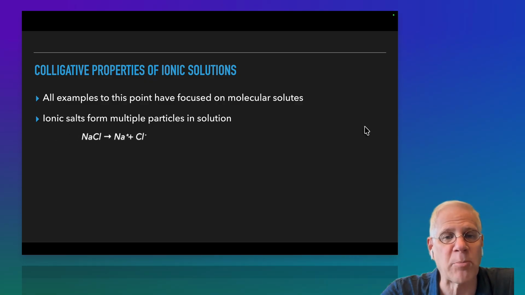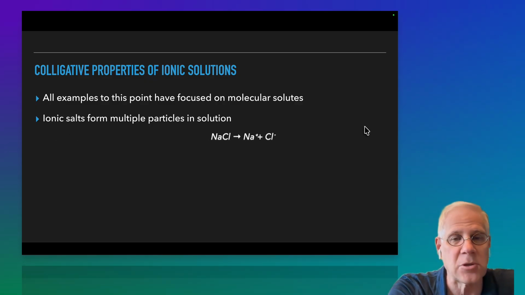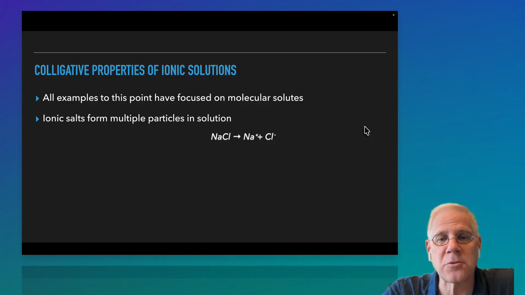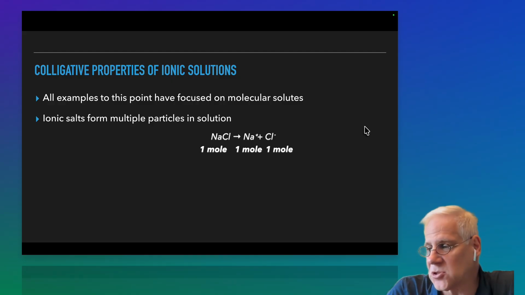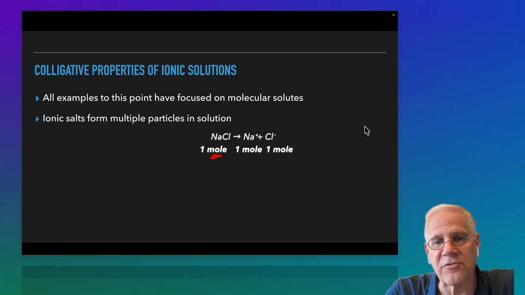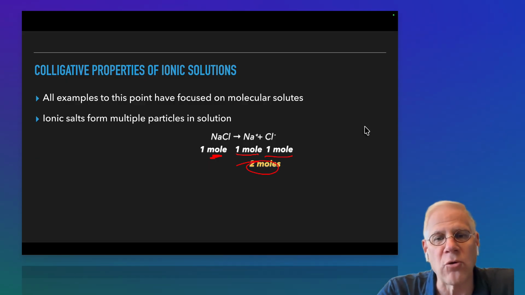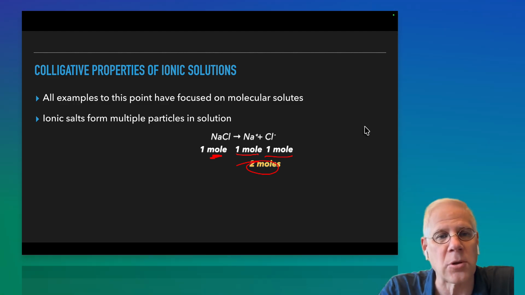And so you get multiple particles in solution. So as an example, for something like sodium chloride, your sodium chloride crystal breaks up into sodium ions and chloride ions. And so if I put a mole of sodium chloride in, I get 1 mole of sodium ions and 1 mole of chloride ions. And in the end, that gives me 2 moles of particles total in solution.